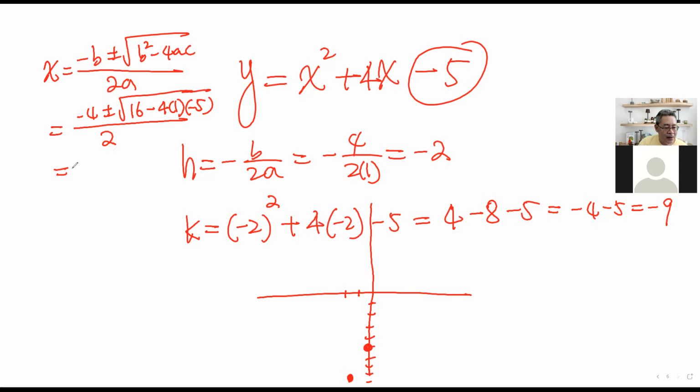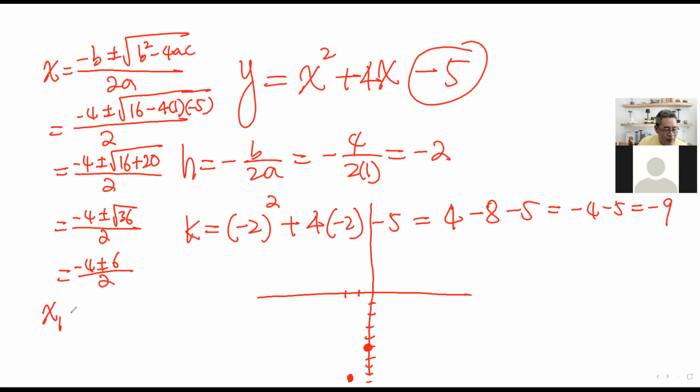So we got negative 4 plus or minus the square root of 16 plus 20 over 2. That is negative 4 plus or minus the square root of 36 over 2, which is negative 4 plus or minus 6 over 2. So we got two numbers. x1 is negative 4 minus 6 over 2. That is negative 5.